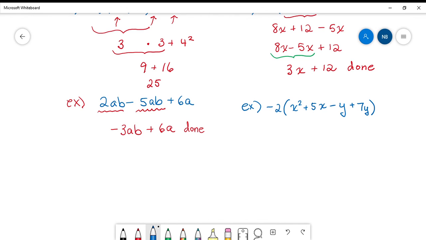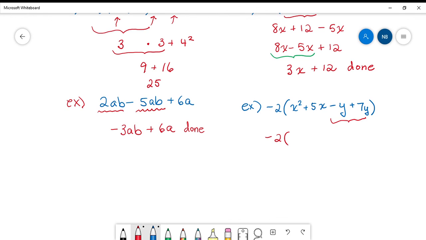So I'm going to look inside the parentheses, and what I'm looking for are things that can be simplified. X squared and 5x can't be added because x is squared in the first term and x is not squared in the second term, so they are not like. However, negative y plus 7y, those both have just plain y, so they are alike. So I can actually do that simplification.